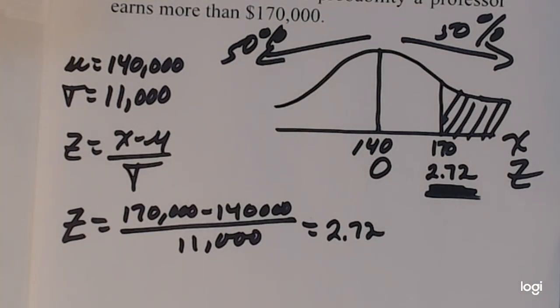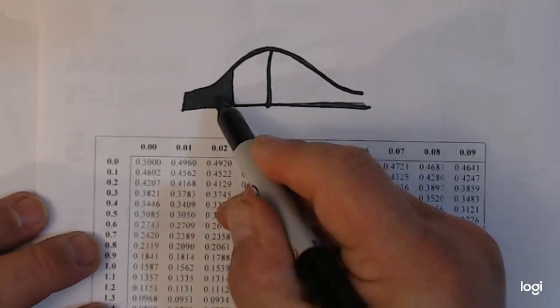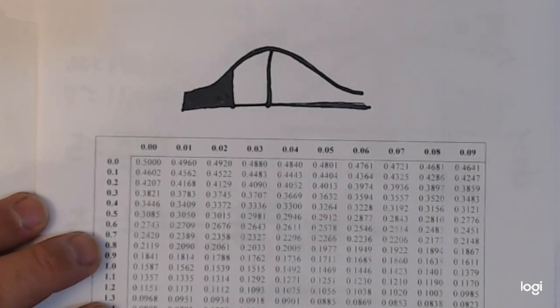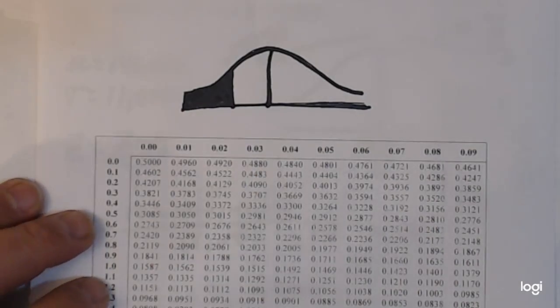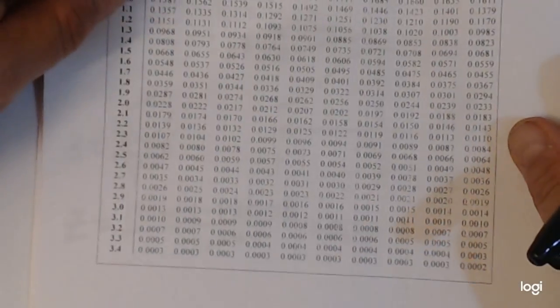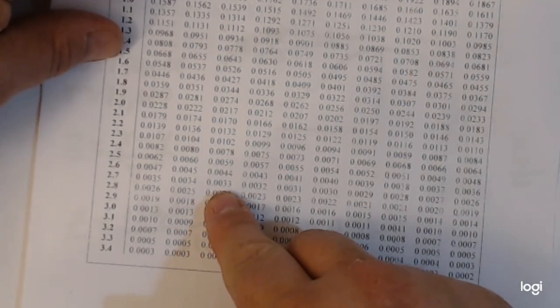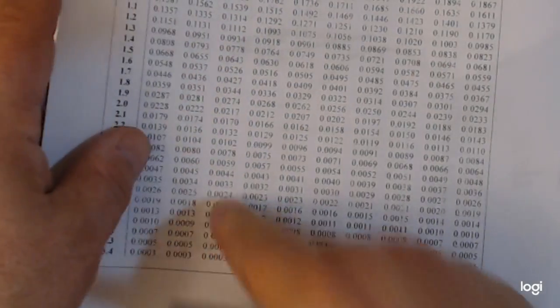This is one reason drawing a picture comes in so handy. We can match the picture up with our z-table picture. In this case, it's the left tail, but it doesn't matter whether it's the right tail or the left tail. We're looking for a z value of 2.72, so it's going to be a mighty small area. So 2.7, and we go over to the second column, 2.72 is 0.0033.